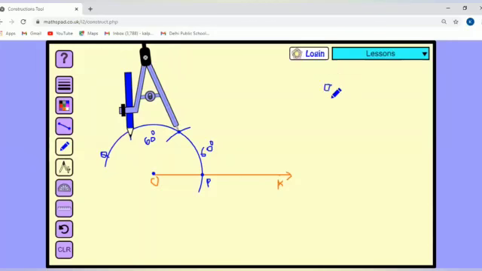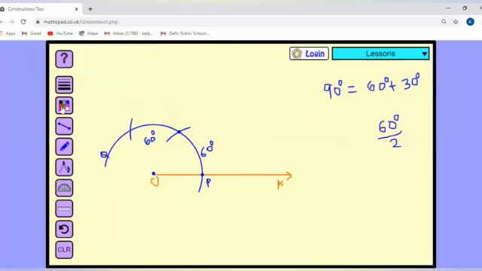To get 90, we are doing 60 degrees plus 30 degrees. That means you are bisecting the next 60 degrees into two parts. 60 degrees divided by 2 gives 30 degrees. So 60 plus 30, 90 degrees.